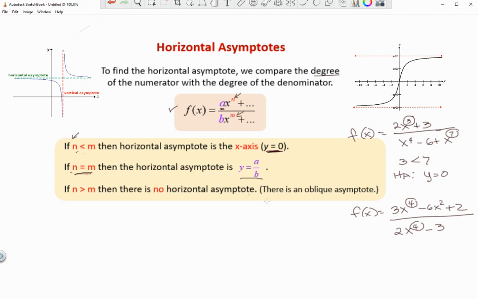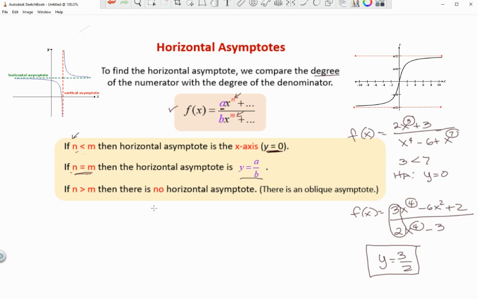Therefore your horizontal asymptote is the ratio of their coefficients, which is 3 over 2. This is the horizontal asymptote. So the horizontal asymptote is always written as y equals something, because it's a horizontal line. All right, let's have another example of that.